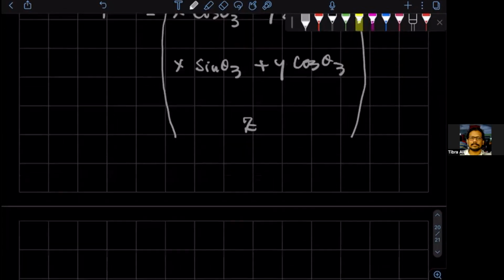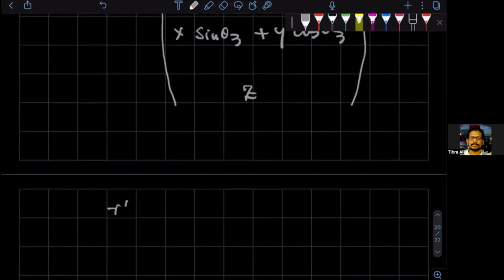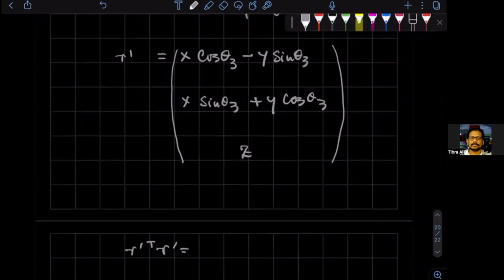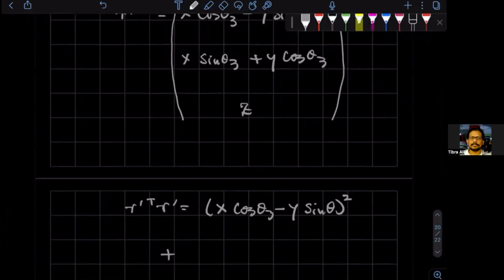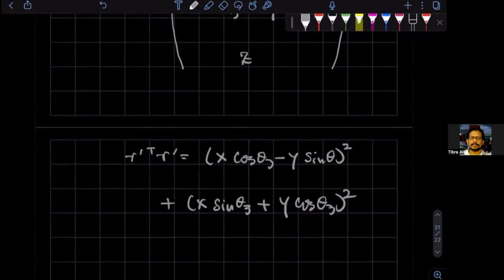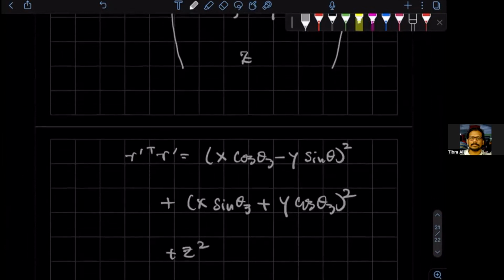Now if I look at r prime transpose r prime, I get the first term, x cosine theta 3 minus y sine theta 3, whole squared, plus x sine theta 3 plus y cosine theta 3, whole squared, plus z squared, right?